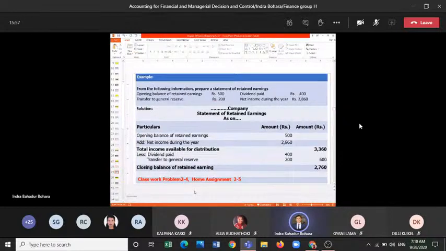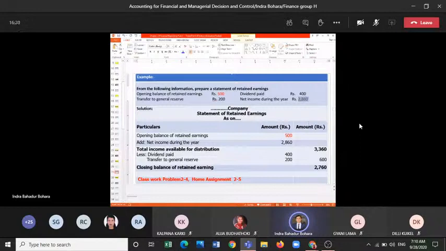Then after that, we discuss the full questions, income statement and retained earning. So you are given the opening balance of retained earnings, that is written at the beginning, and net income or net profit for the year is given as 2,860 rupees.